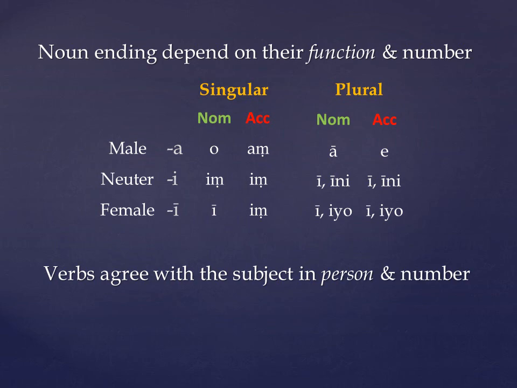So if the subject is plural, the verb will also take the plural ending. A third-person verb, that is, where the subject is anything other than the pronouns I and you, will end in unti. So when you see this ending, you know that the verb is third-person plural, and so the subject will also be the noun in third-person plural.